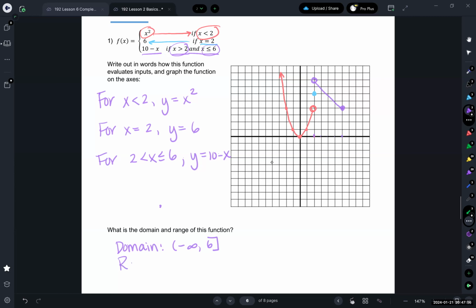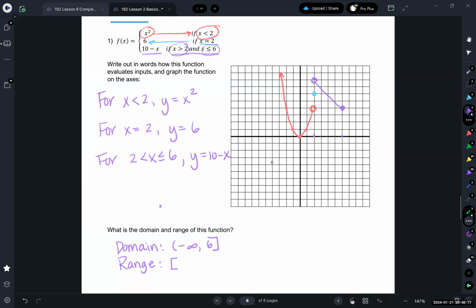But what about range? If I look at my graph, it's probably the easiest way to tell. I see I have a lowest y value at 0. Nothing's going below that. And it goes on forever. Again, this parabola is just going to keep going. And so I have no upper limit on my y values.